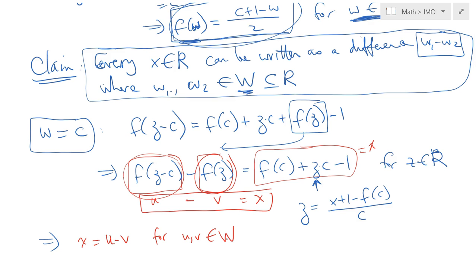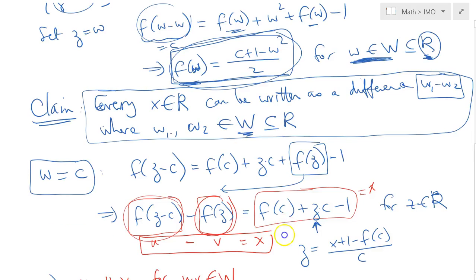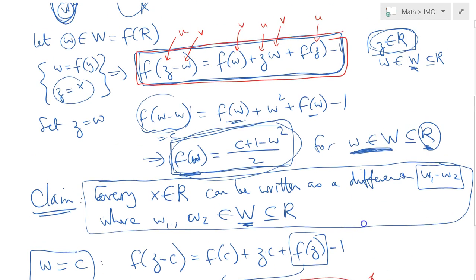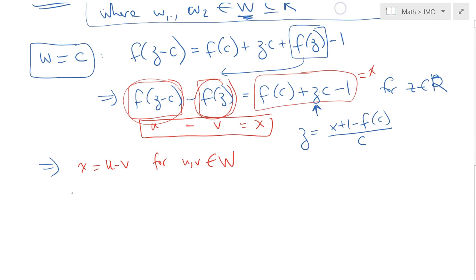So therefore now I can go back to this equation one more time, and if I make use of this equation, plugging in z is equal to u and w is equal to v, I have the following: f of u minus v.